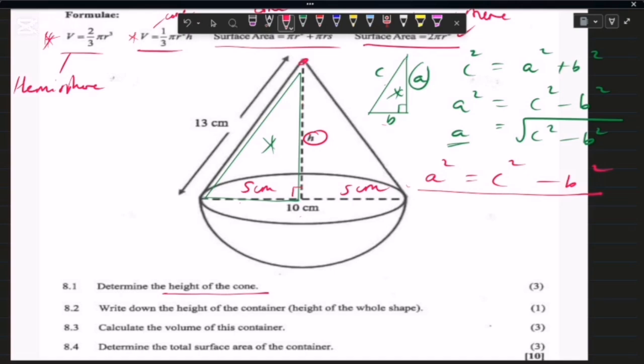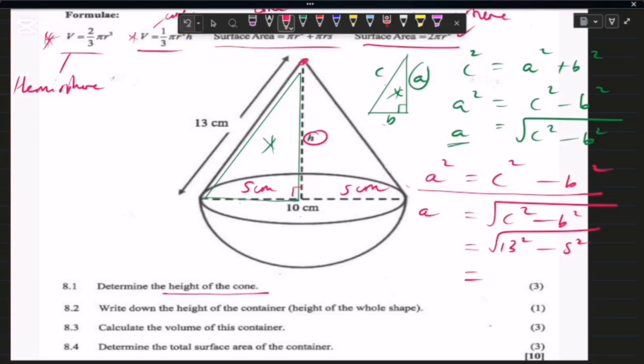So we will say from there, it means that A is the square root of c squared minus b squared, and then a is our h. c is our 13, so we have 13 squared minus 5 squared because b is our radius, and then from there we can get our value.